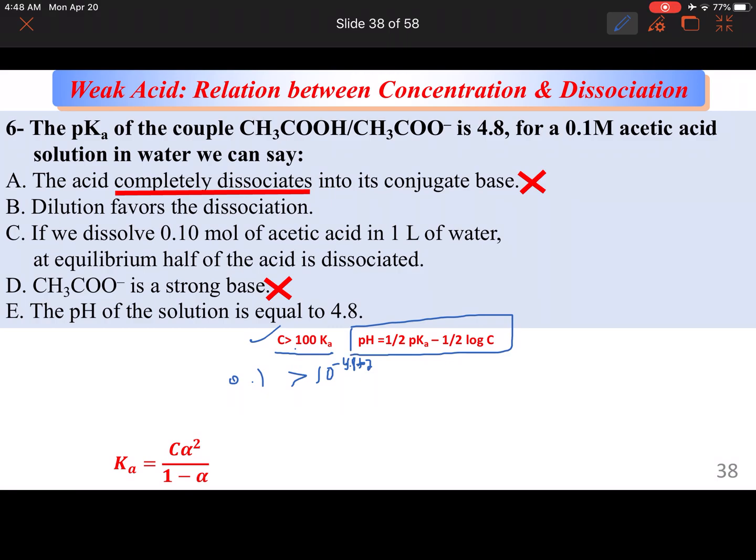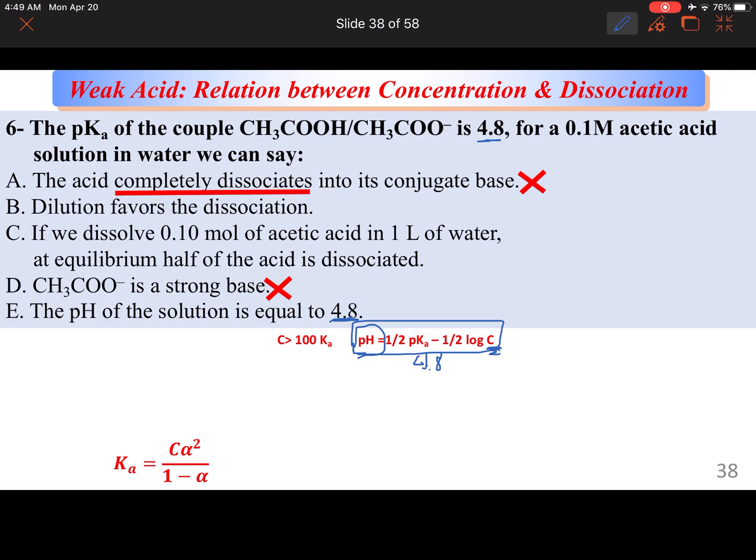Now, if you really have to, you could do the calculation, but I just want to show you something for a moment. The pKa is 4.8. If you look at this equation, if this guy is 4.8, no matter what my concentration is, dilute, concentrated, no matter what it is, this pH can never really be bigger than the 4.8, okay?